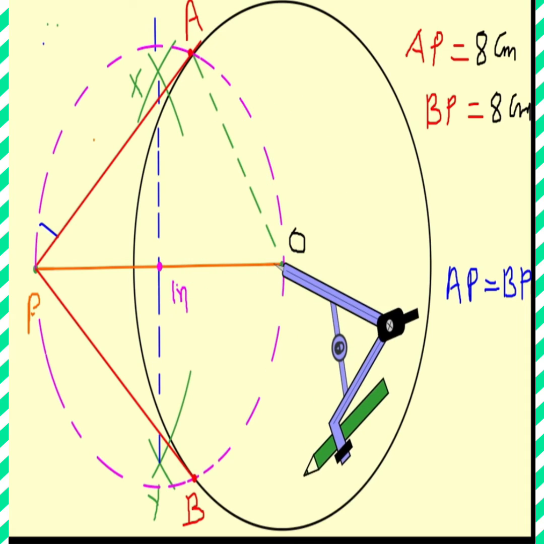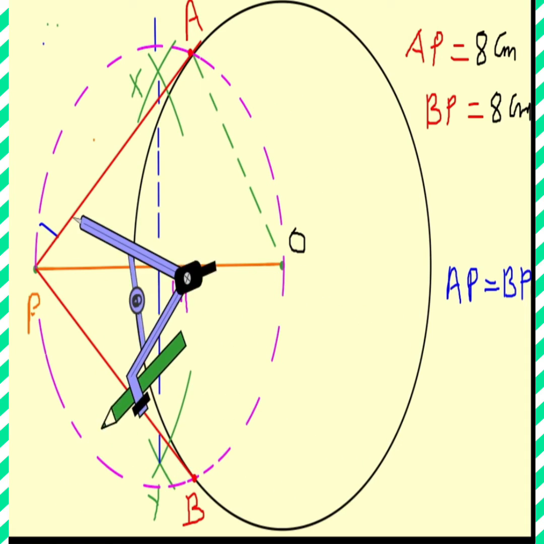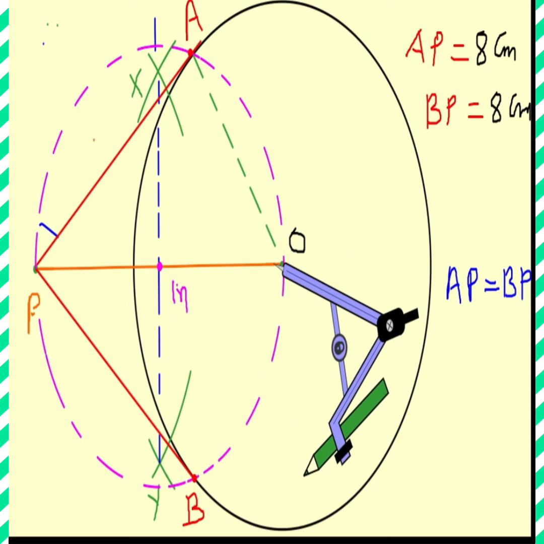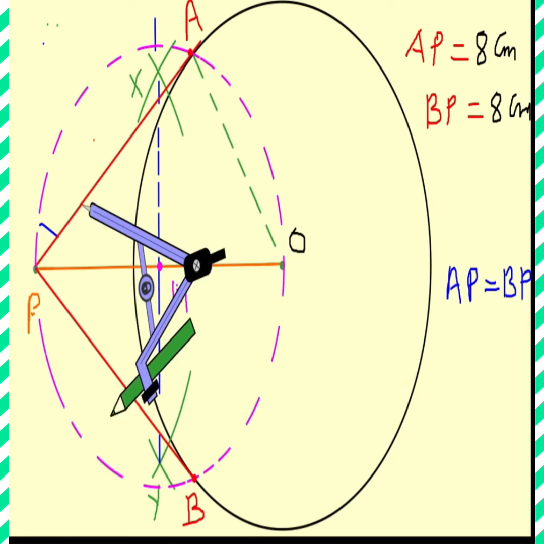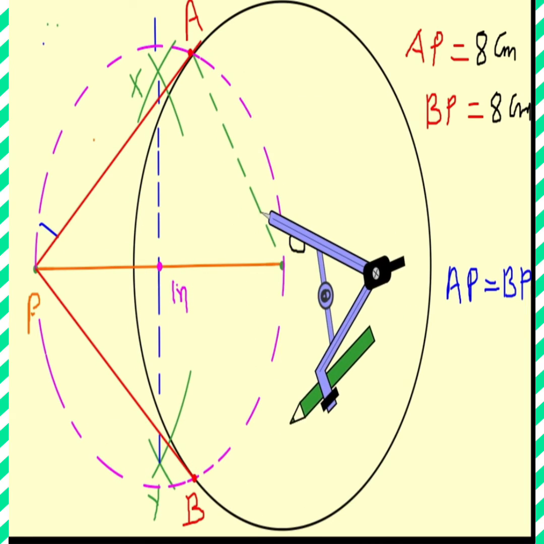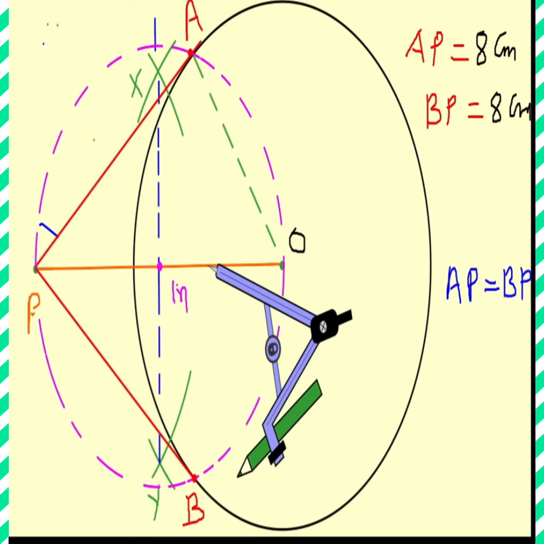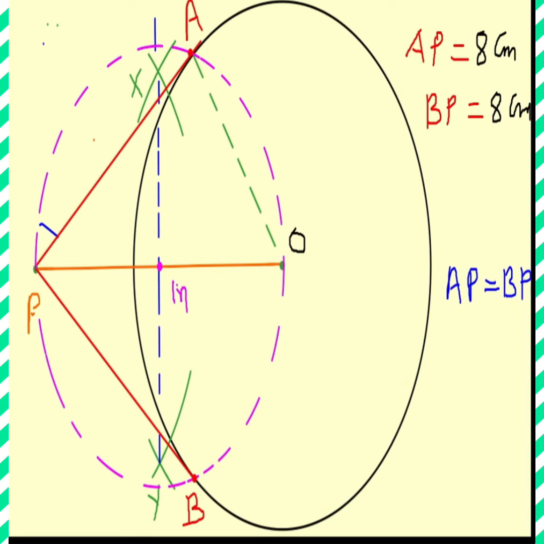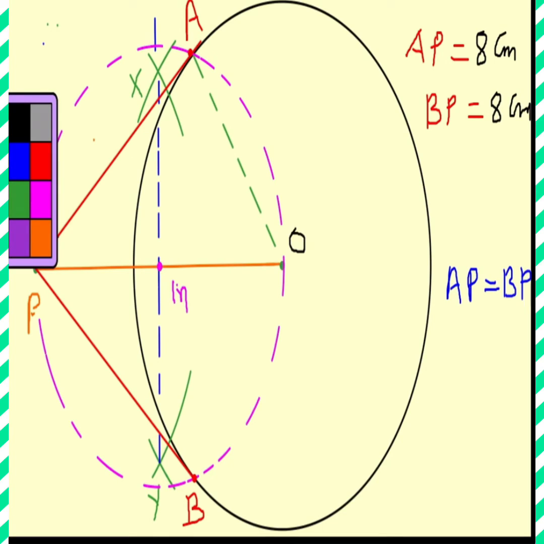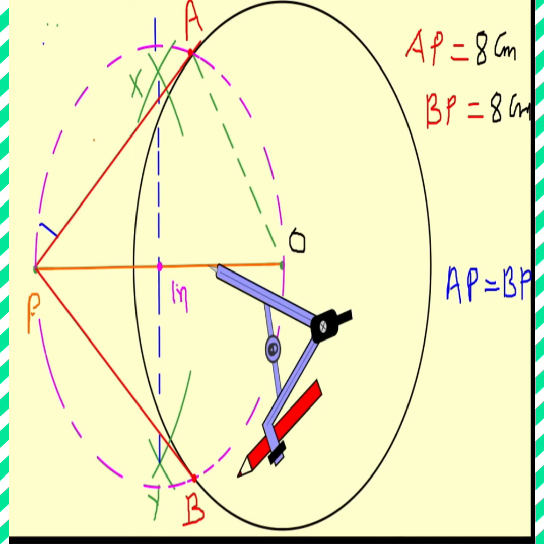This is a triangle in a semicircle, and you know a theorem that the angle in a semicircle is 90 degree. So dear, you can say very easily this angle will be 90 degree.